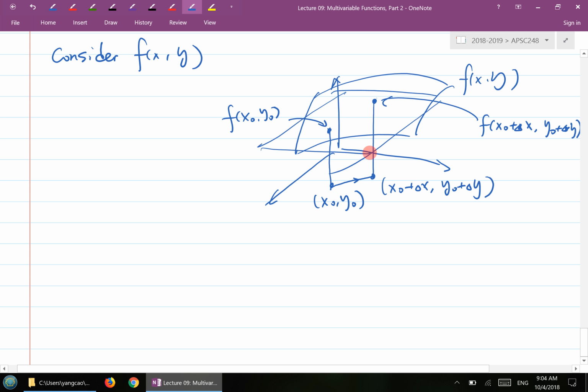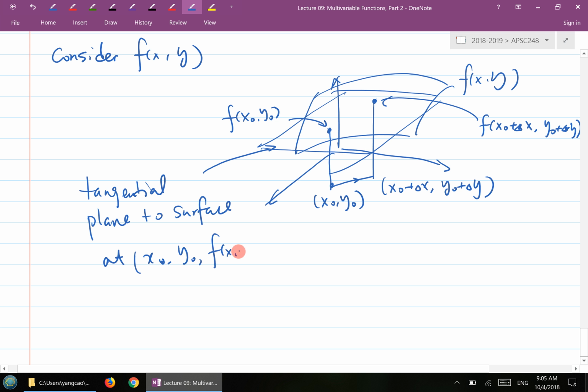A tangential plane, right? A tangential plane here. If I can draw a tangential plane going over this location, x naught, y naught, f of x naught, y naught, I can use that tangential plane to approximate the change of the actual function f, the surface. So this is a tangential plane to the surface at x naught, y naught.